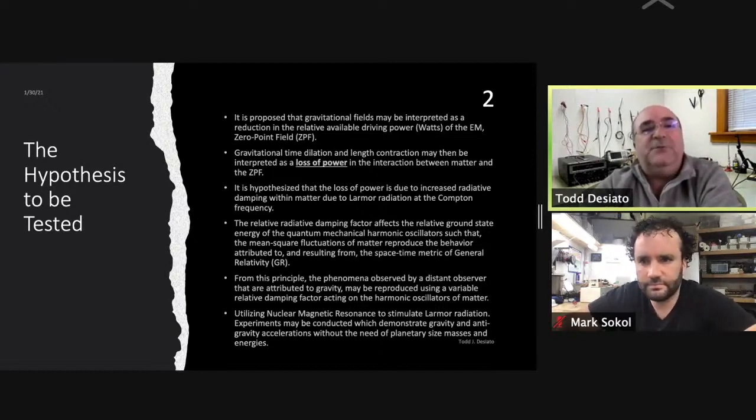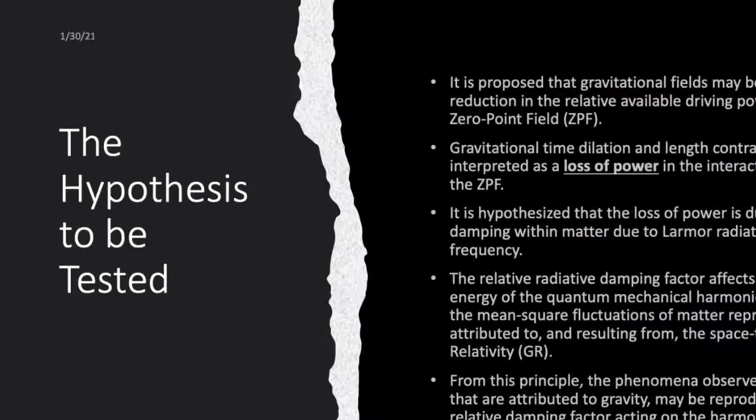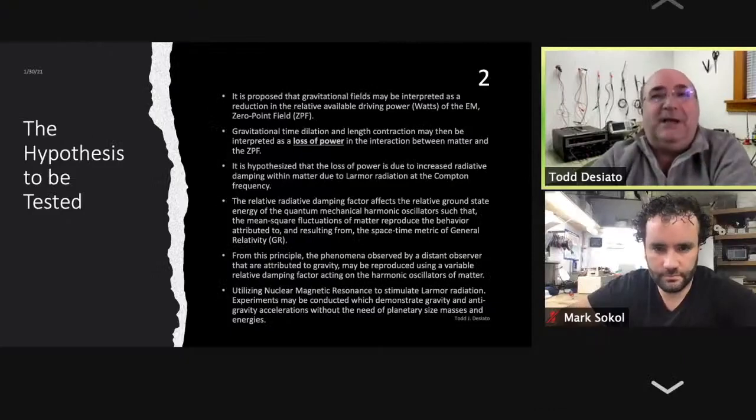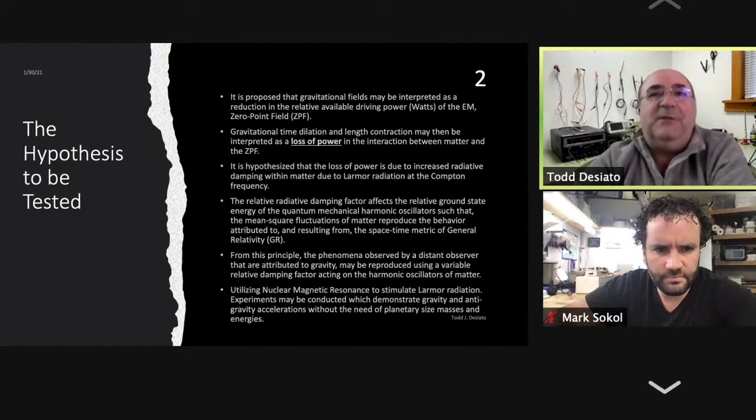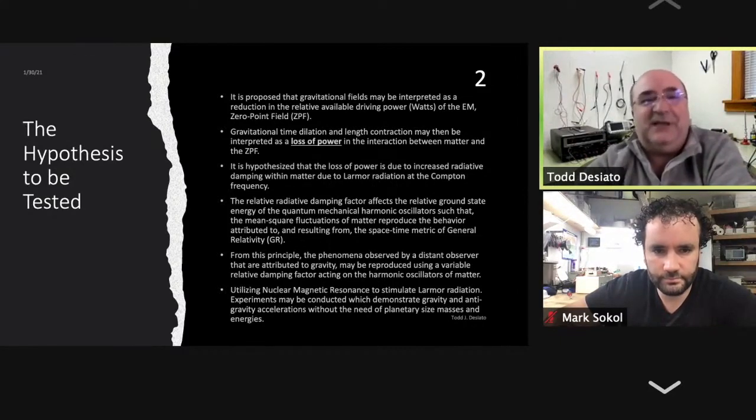From this principle, the phenomena observed by a distant observer that are attributed to gravity may be reproduced using a variable relative damping factor acting on the harmonic oscillators of matter. Using nuclear magnetic resonance to stimulate Larmor radiation, experiments may be conducted which demonstrate gravity and anti-gravity accelerations without the need of planetary-sized masses and energies.